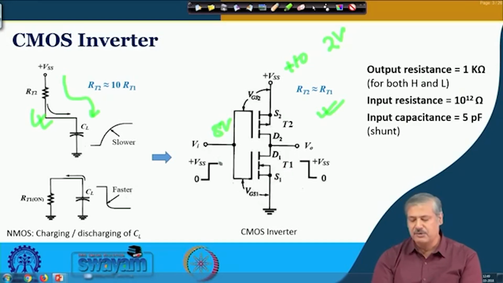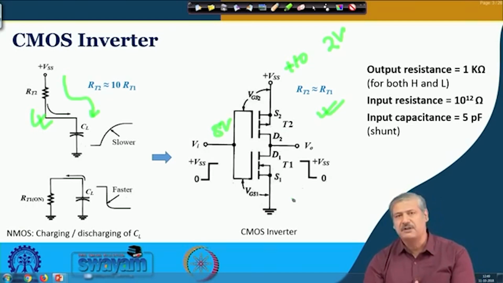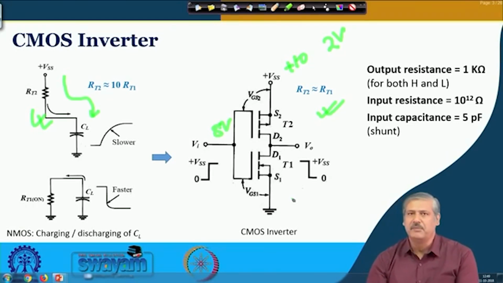In the other case, when the input is 10 volt, it is not sufficiently negative with respect to this junction, so no P channel is formed, but it is sufficiently positive above the threshold voltage, so the N channel will be on. So, at any given point of time, you have either the PMOS or the NMOS on, and only during transition or switching can both of them become on.